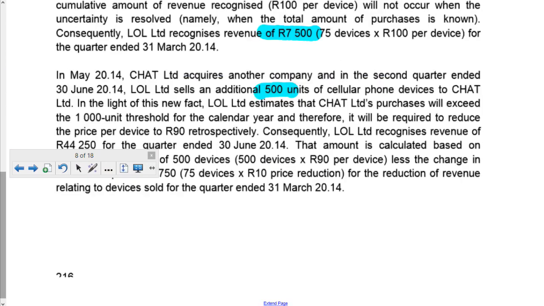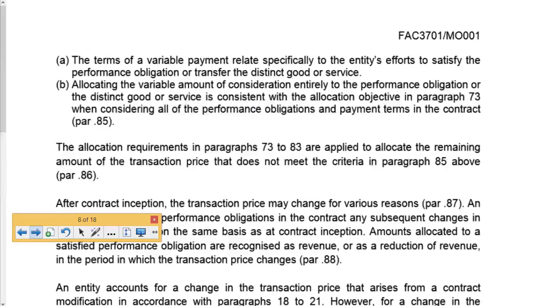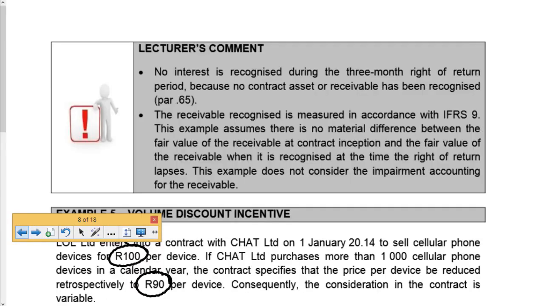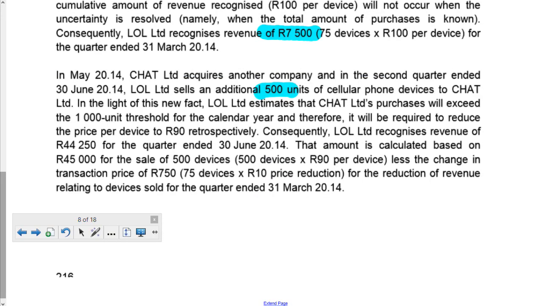So the fix is that we will... I don't like the way they've done that fix. I'll do my own fix. Let me just see what they do here. They do a funny calculation. But for me, the calculation is quite simple. We're going to say 575, which is the total number of phones, at 90 Rand.